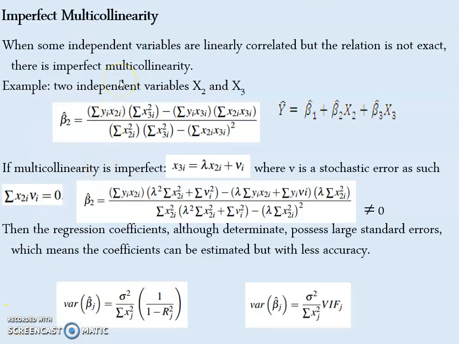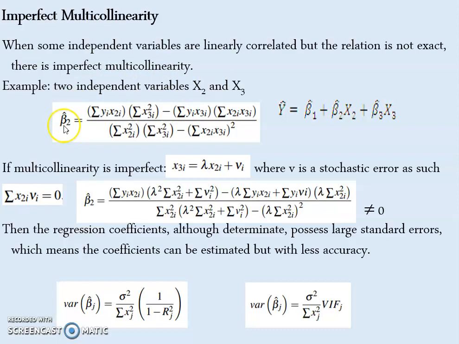Imperfect multicollinearity refers to when some independent variables are linearly correlated, but the relationship among these independent variables is not exact, meaning that it is not exactly, for example, x2 equals 5x1. Maybe x2 equals 5x1 plus a stochastic error.